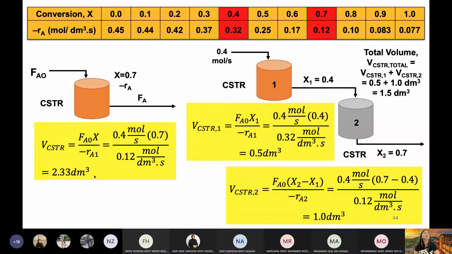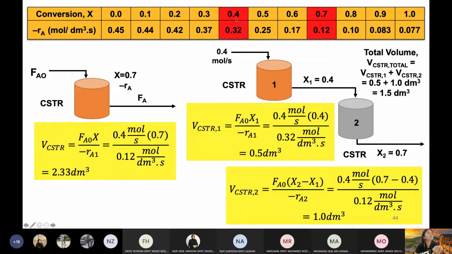Okay, now next, let me calculate kalau kita guna two reactors in series pula. How big will my reactor be? Reaktor pertama, reaktor kedua. Okay, so for the first reactor, dia convert daripada 0 to 40%. Okay, so X1 is 0.4. So the formula becomes volume CSTR first equals FA0 0.4, X1 0.4. Okay, kebetulan molar flow rate pun sama, conversion pun sama, 0.4 divided by minus RA1, meaning minus RA at your X1.